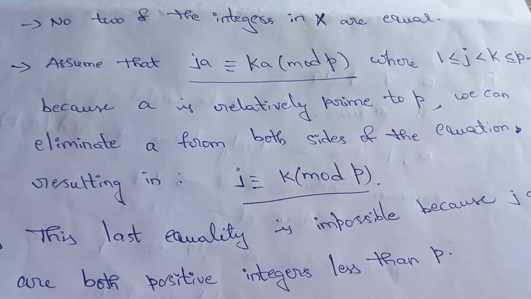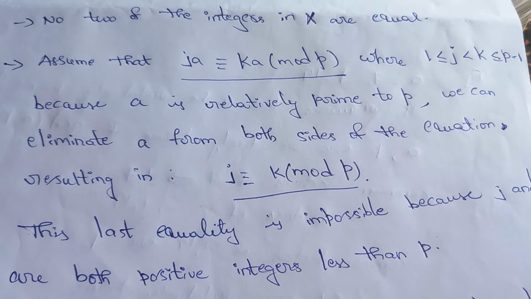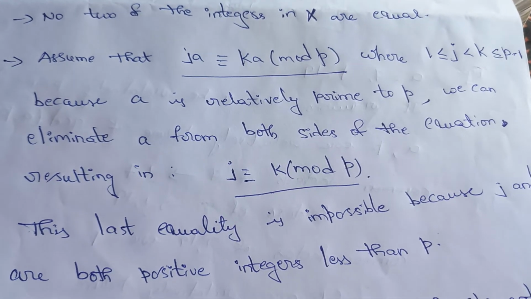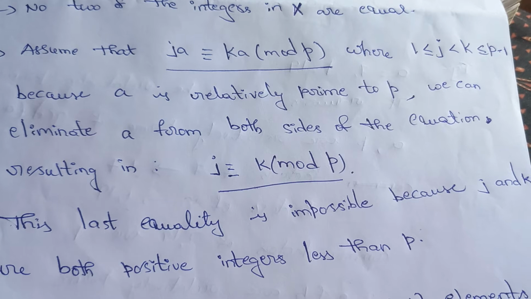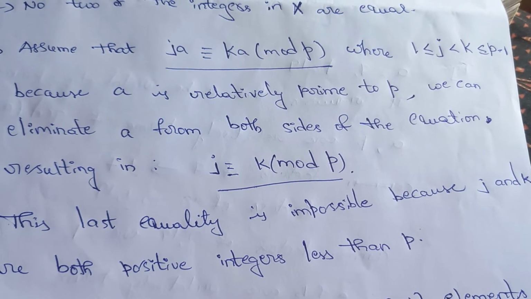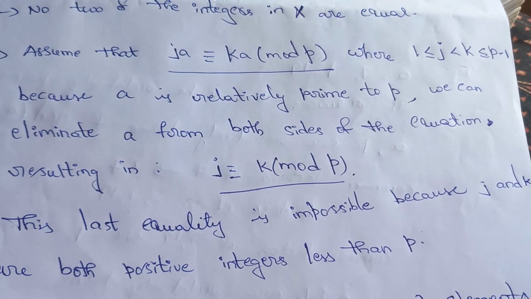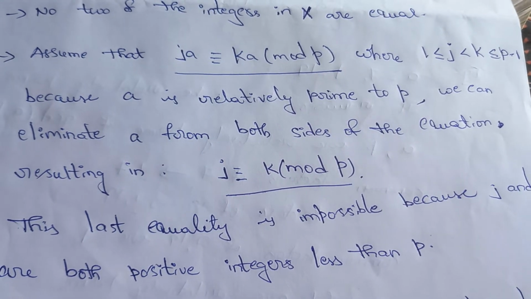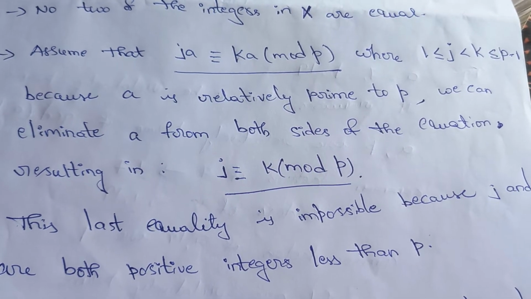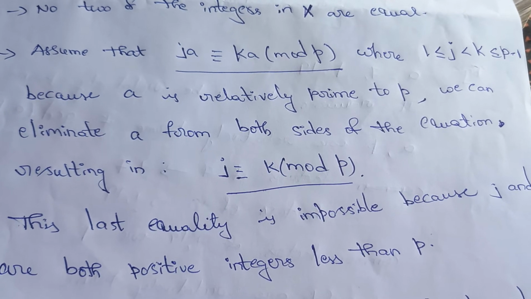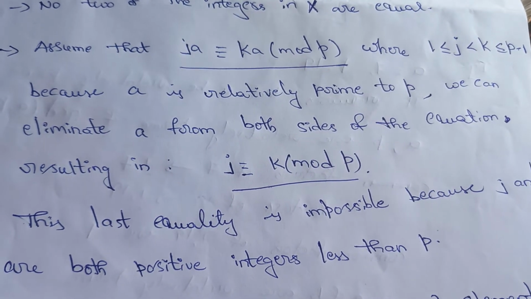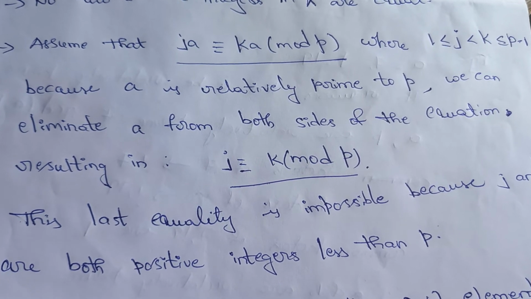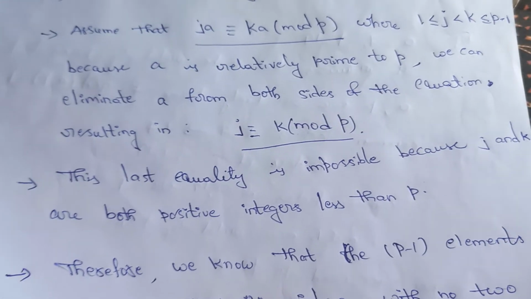Please observe the condition 1 less than or equal to j less than k less than or equal to p minus 1. Here j is less than k, so it should not be that j is equivalent to k mod p. There is no multiplication of j and k here, so directly j equivalent to k mod p is not possible.